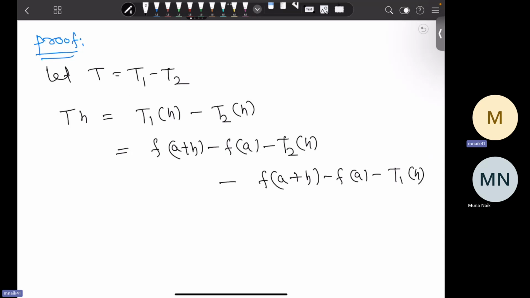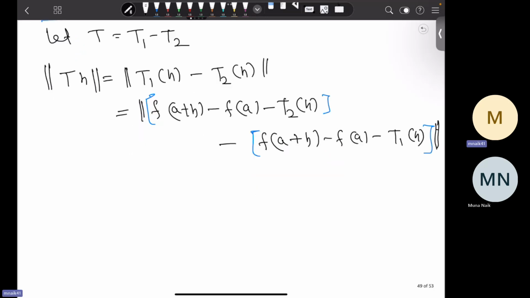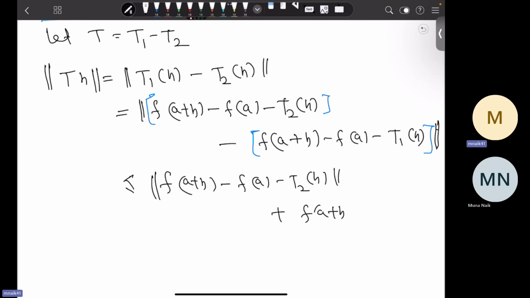Now I take the norm on both sides everywhere. Now I can apply the triangle inequality. This is norm of f of a plus h minus f of a minus T2 h, plus norm of f of a plus h minus f of a minus T1 h.